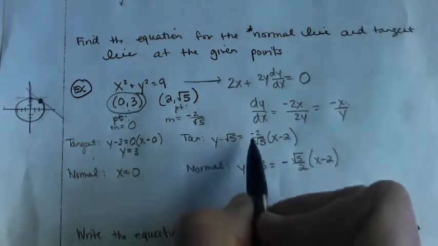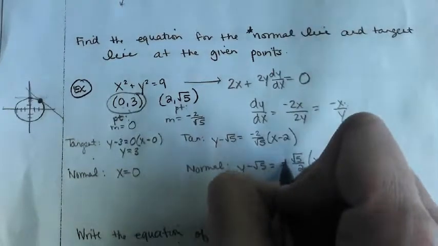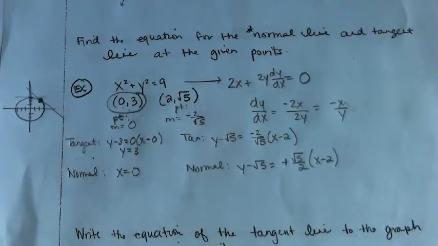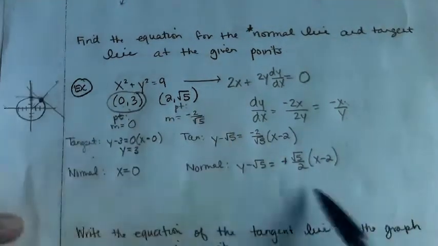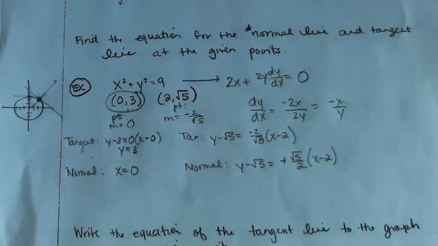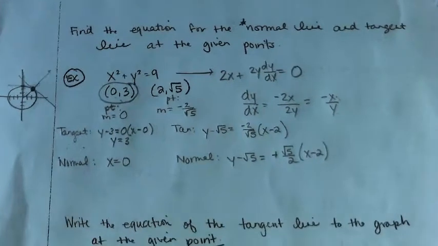I forgot to do the opposite reciprocal, so it should be positive root 5 over 2, which I realized because I was about to draw the normal line and it should have a positive slope. It might have a negative slope, so I kind of realized that. Good. Is that okay? So if you see normal line, that's all that means. It's not anything crazy.